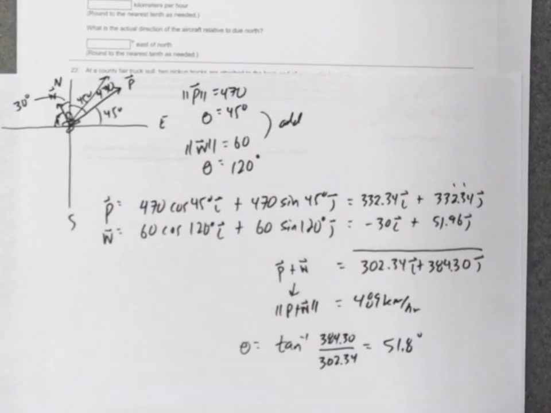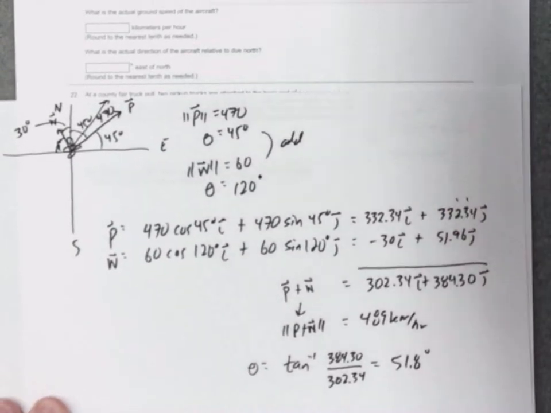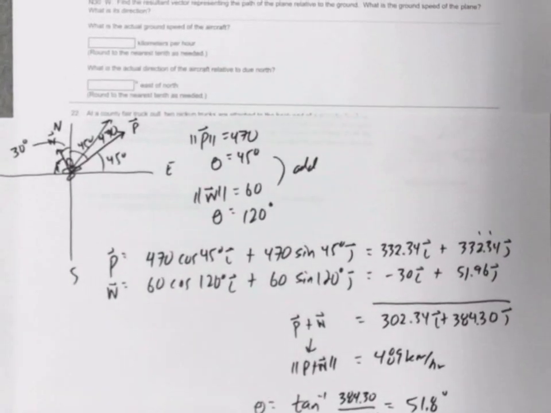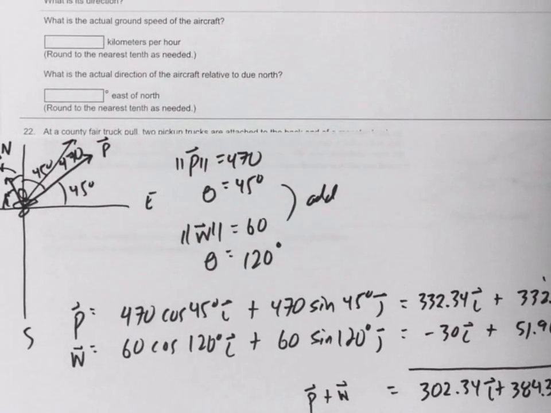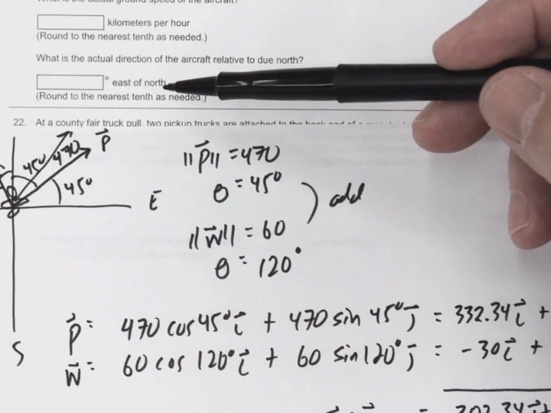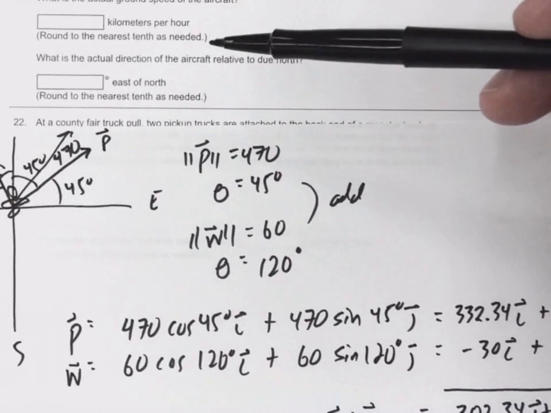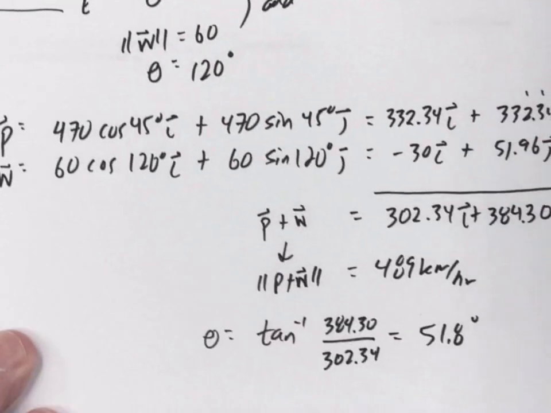Oh, one last step. Almost forgot this. Look at this in the box here. It doesn't just want the normal degrees. It wants the east of north. So I want to put it back when I call compass directions. So let me explain that.